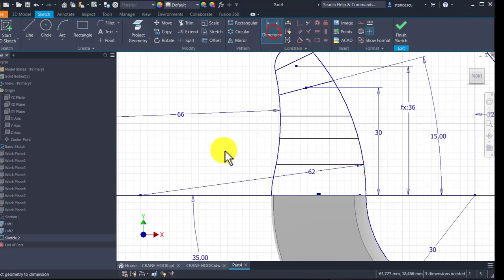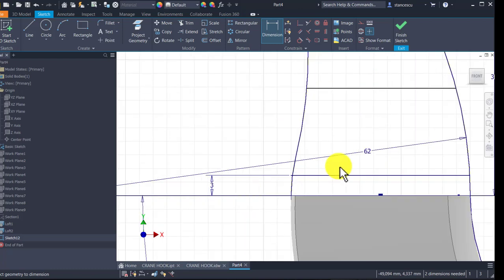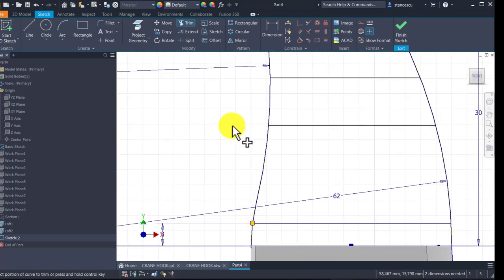Then I apply dimensions. 3 millimeters here, but it follows this arc and we have another arc here, so we have to trim this. Be careful with details. Yes, then another dimension which is 12 from the base.